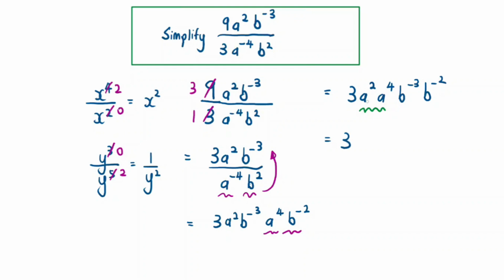Because this is a to the power of 2 multiplied by a to the power of 4, we can rewrite the expression as a to the power of 2 plus 4. And for the terms with b, because it's b to the power minus 3 multiplied by b to the power minus 2, we can rewrite it as b to the power of minus 3 plus minus 2.